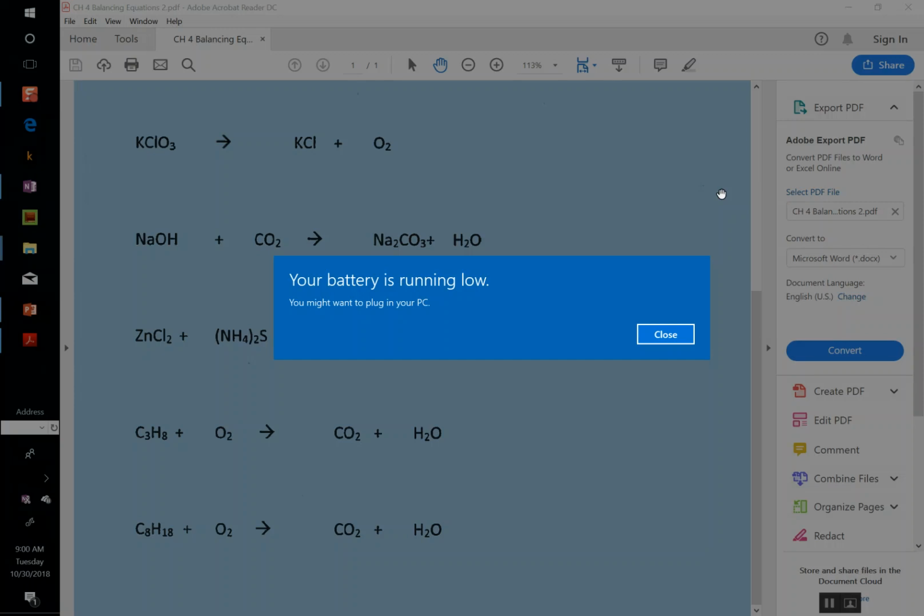And what else will this produce? And what's salt? Fill in this last blank right here. NaCl. Salt.